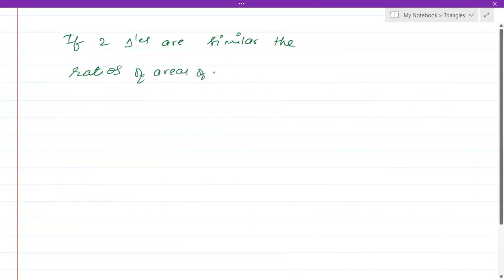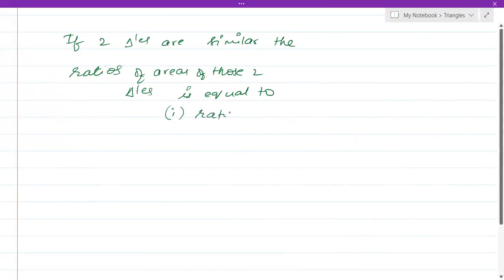That is, if two triangles are similar, then the ratio of areas of those two triangles is equal to, there are three things.